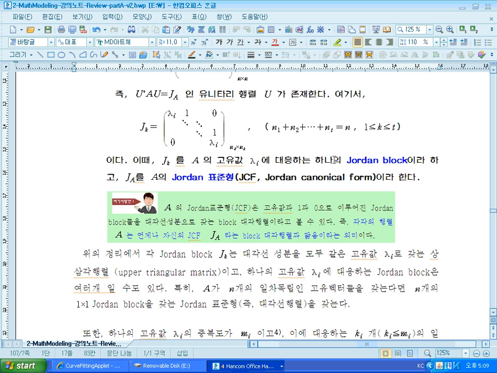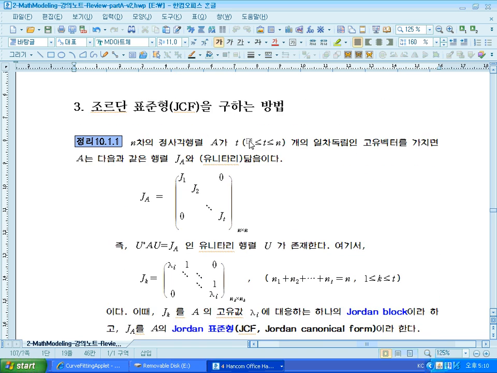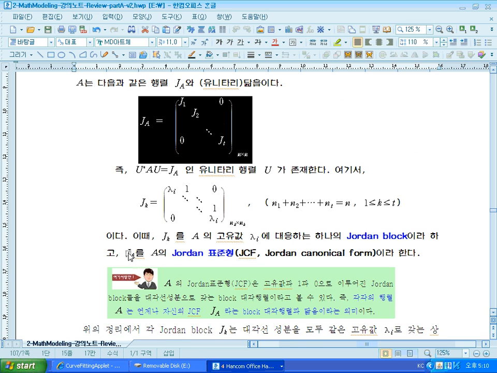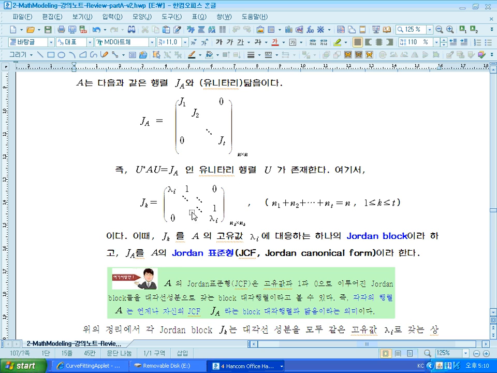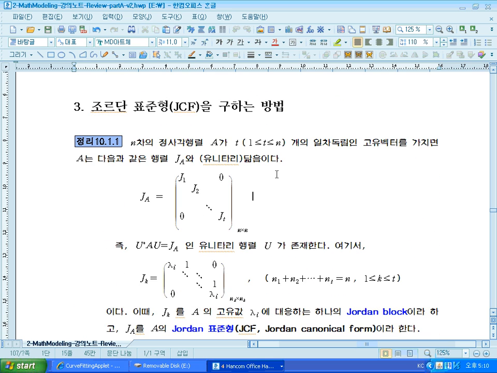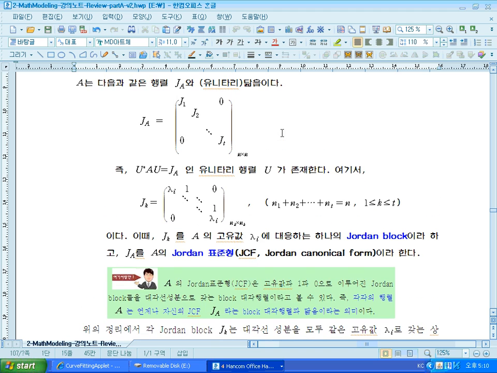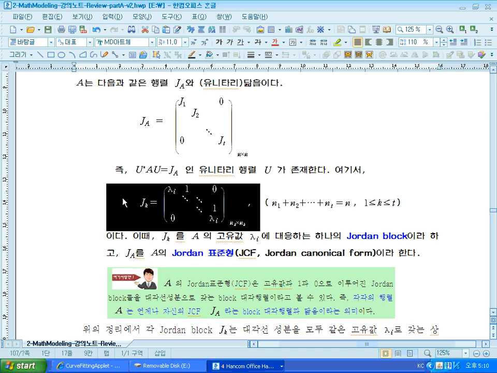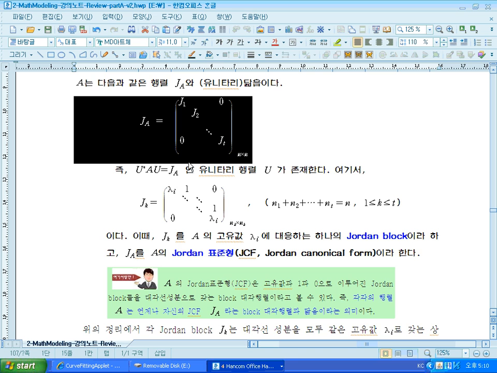We call this a Jordan block, corresponding to the eigenvalue lambda i of A. And JA is called the Jordan canonical form of A, which is the direct sum of these Jordan blocks. So all we have to do is find all Jordan blocks from the given matrix A, then make a direct sum of them to get the Jordan canonical form.